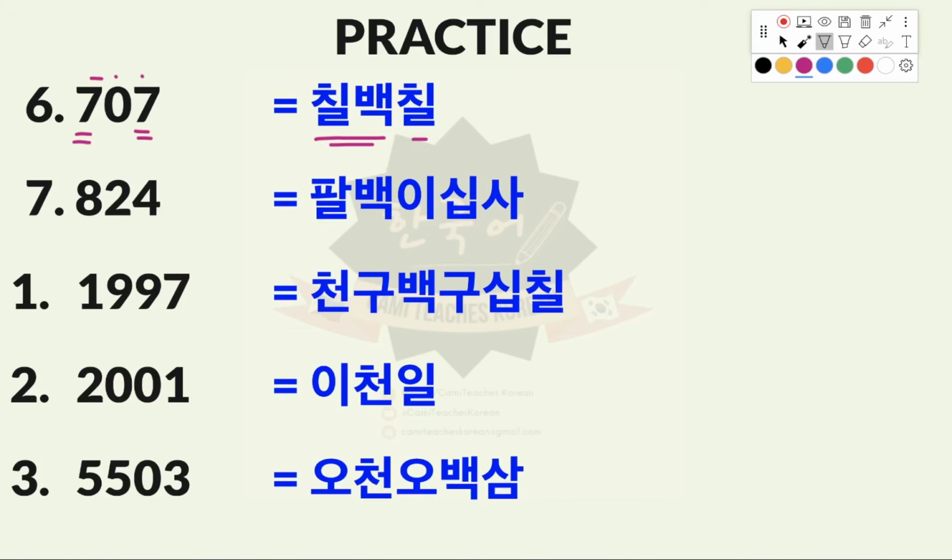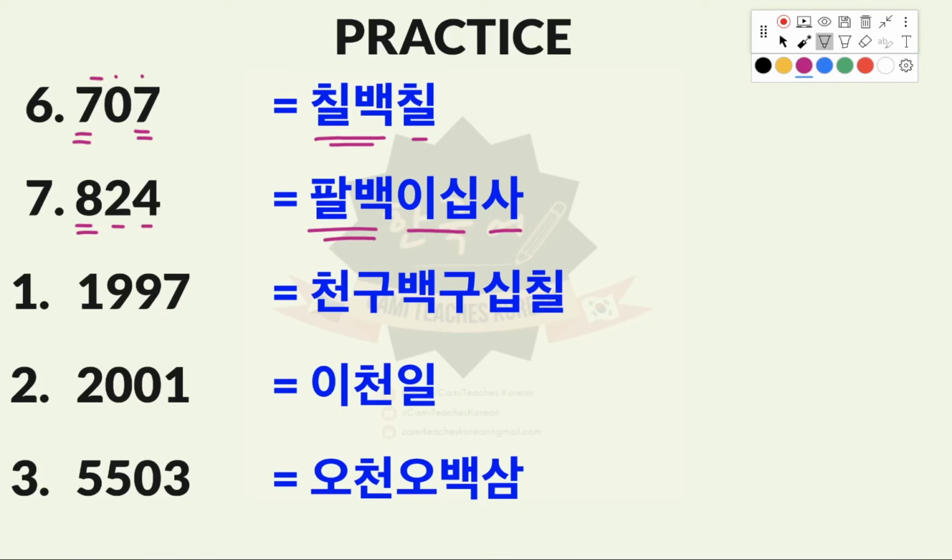824, always start with the largest digit, 800. So, 800. Then, 2 for 20, 20. And last, 4, 4. So, 824. Next, we have 1,997.